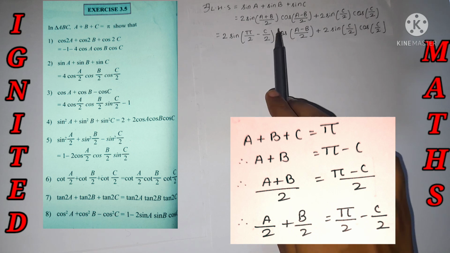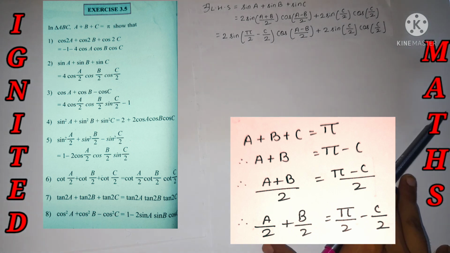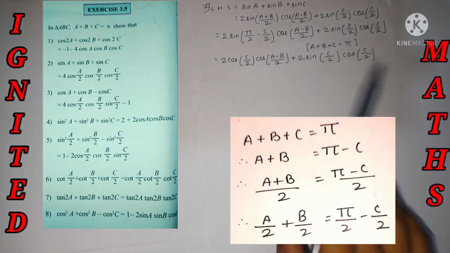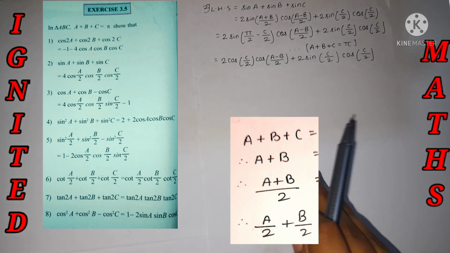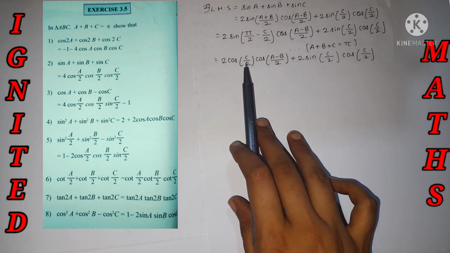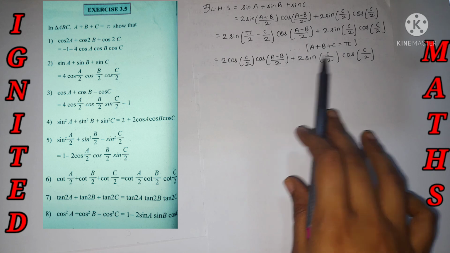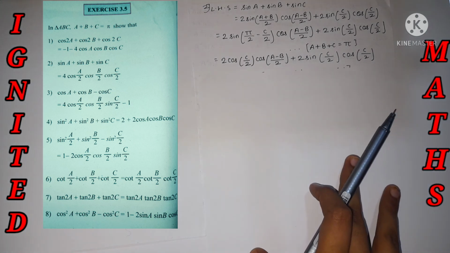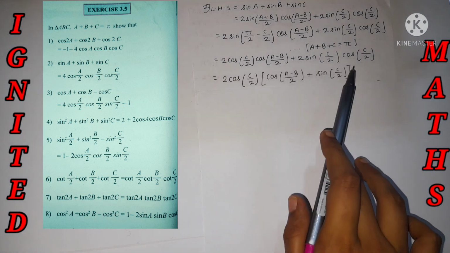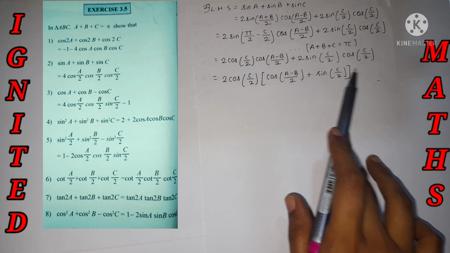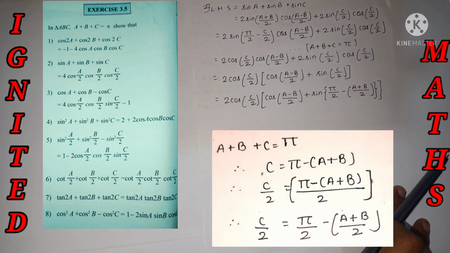Sine of (pi by 2 minus theta) is nothing but cos theta, and all the things I have represented as is. And 2 cos C by 2 and 2 cos C by 2 is common, so I just took it common. Over here, sine C by 2 can be represented as cos of (pi by 2 minus (A plus B) by 2). I have just shown it on the left hand side. Please cross check it.